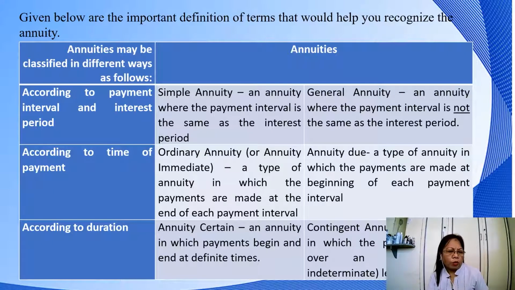And according to duration, an annuity certain is an annuity in which payments begin and end at definite times. A contingent annuity is an annuity in which the payment extends over an indefinite or indeterminate length of time.